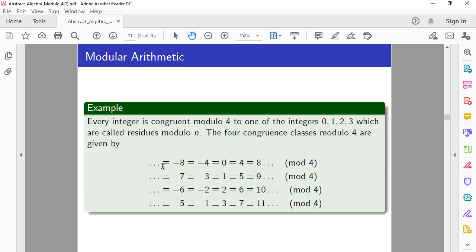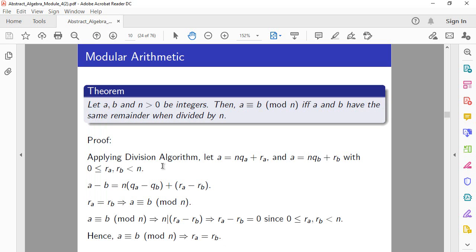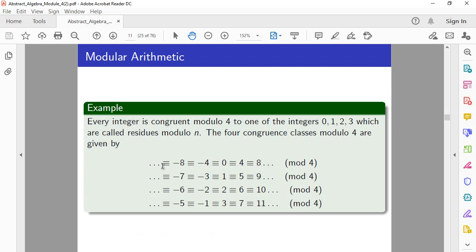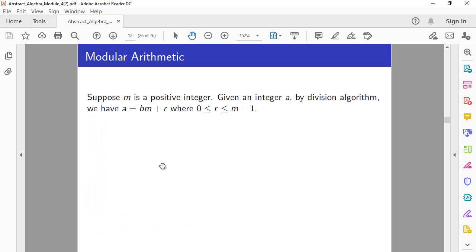Here we just said that a is congruent to b if and only if a and b have the same remainder when they are divided by n. So if m is a positive integer, given an integer a, by the division algorithm we have that a is equal to bm plus r, where r is between 0 and m minus 1.